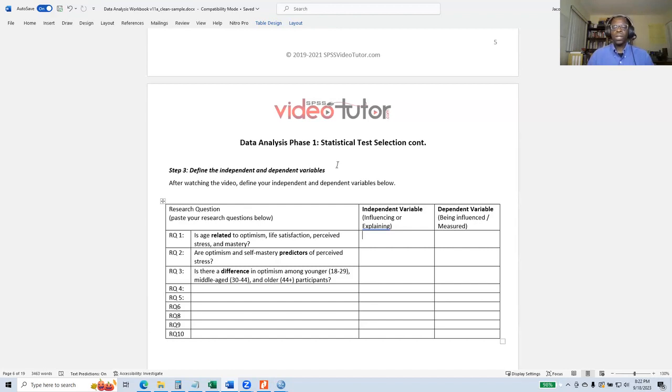Okay? So for example, let's say we have the temperature outside, and we want to know if the temperature affects whether or not it's going to snow. So we're going to say rainfall versus snowfall.